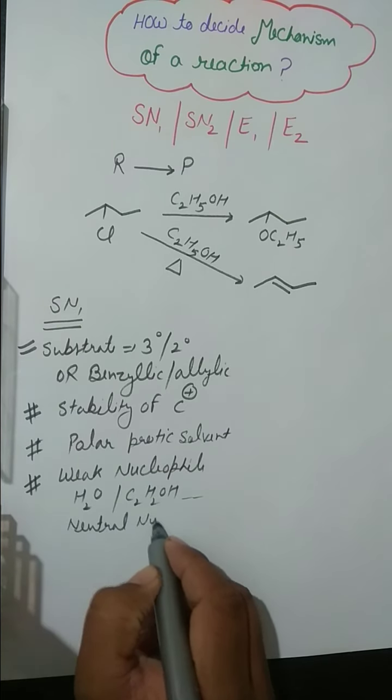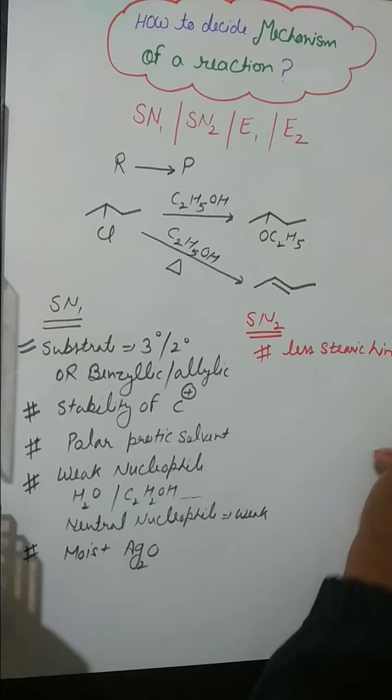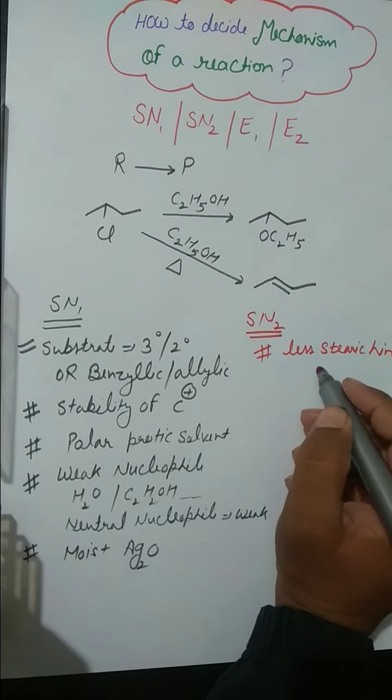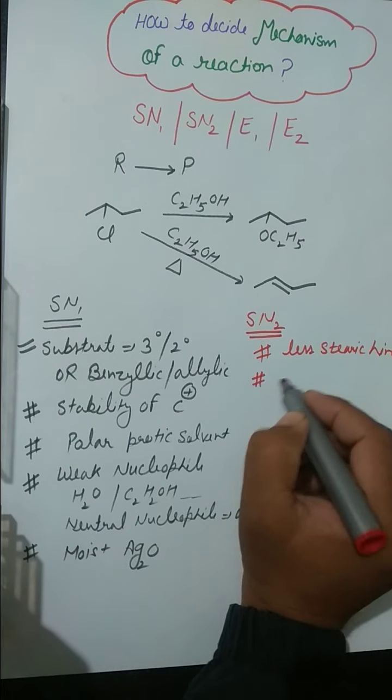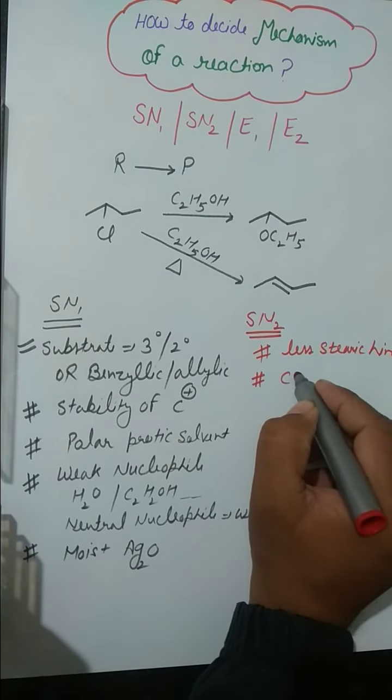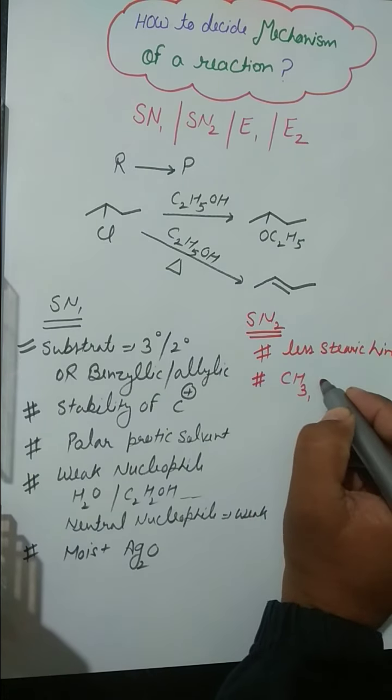So the governing factor is steric hindrance, less steric hindrance, means our substrate should not be sterically hindered. Next is 1 degree, methyl, 1 degree substrate. These types of substrate show SN2 mechanism.